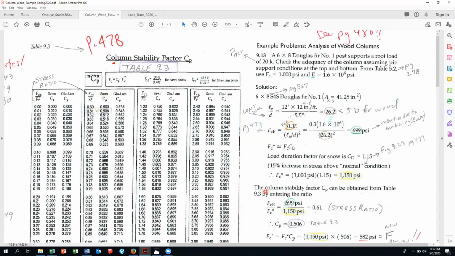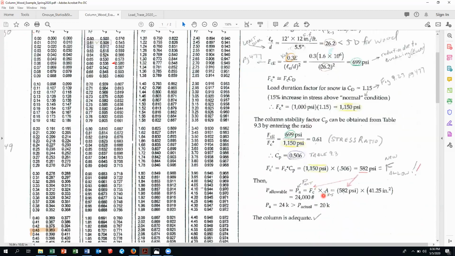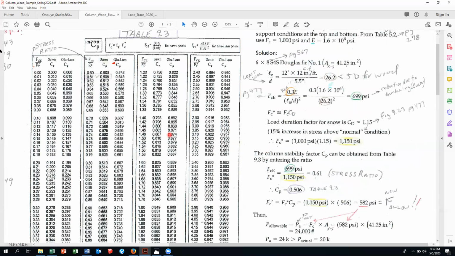And then this stress ratio will give us a column stability factor, and we're going to get that from table 9.3. But we have to have the Euler stress and the load duration factored stress in the denominator. That's going to give us a stress ratio of 0.61. So we go over to here and we find 0.61.